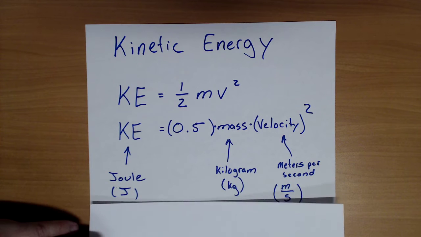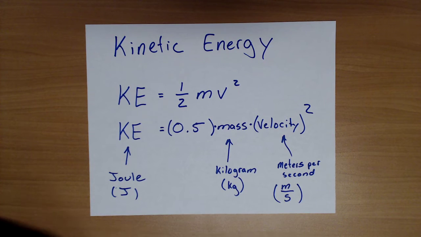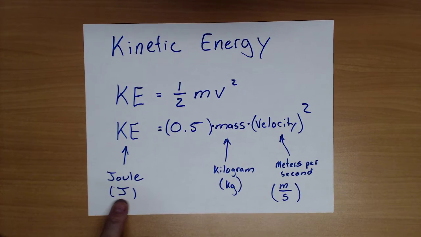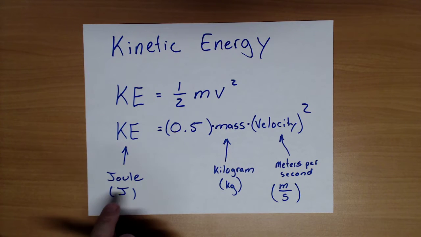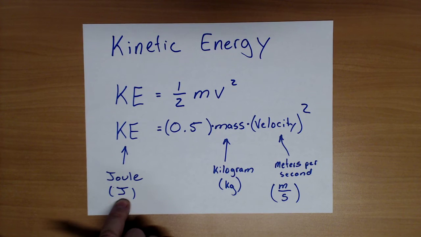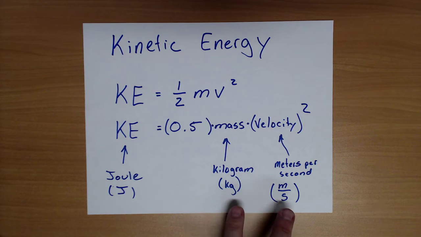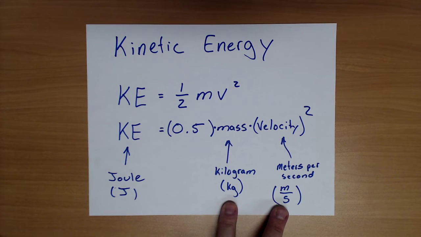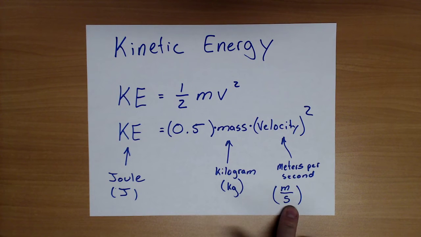Just like with potential energy, we have some preferred units. This is really what we're after right now. We really need this to be in joules if we want to be able to compare how many joules of potential energy we have to joules of kinetic energy. In order to make this correctly come out in joules, your teachers have done a little pre-work for you, and we have to have kilograms for mass and meters per second for velocity.